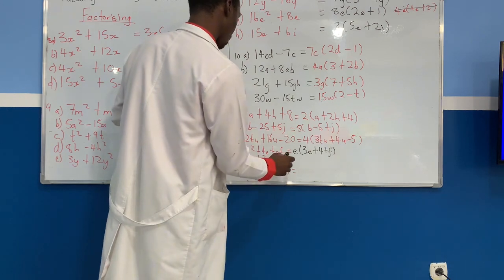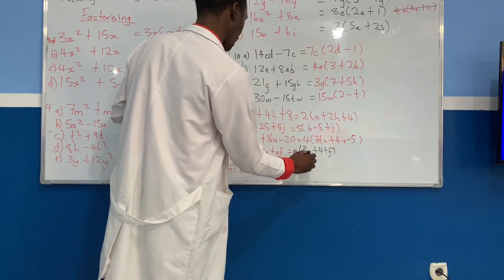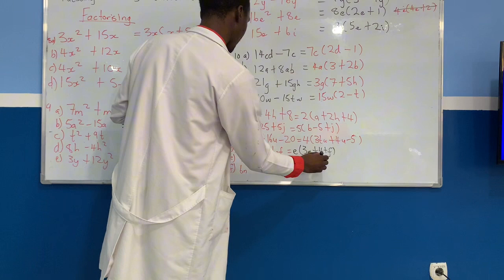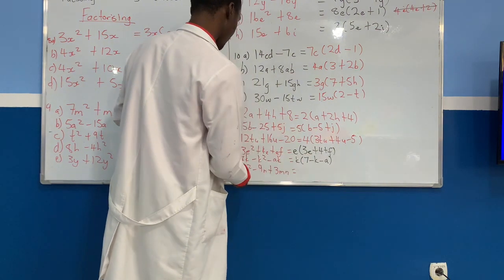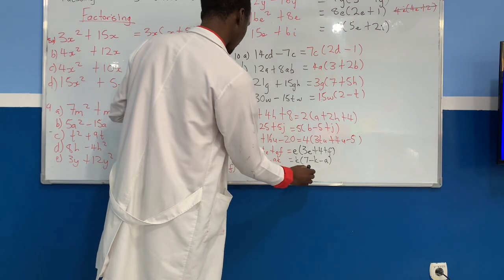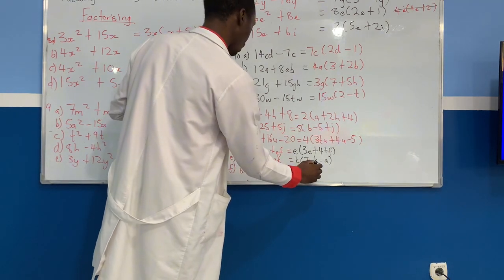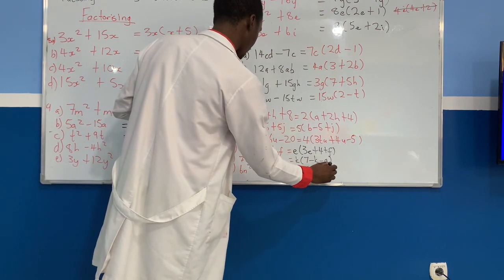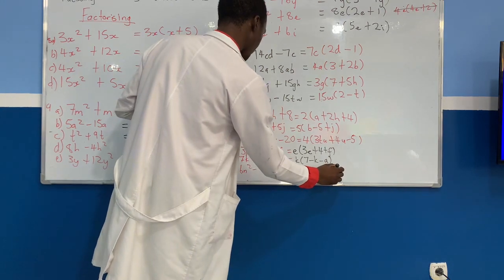For E, the common factor was k, bracket 7 minus k minus a. Then F, the common factor here was 3n, bracket 2n minus 3 plus n.